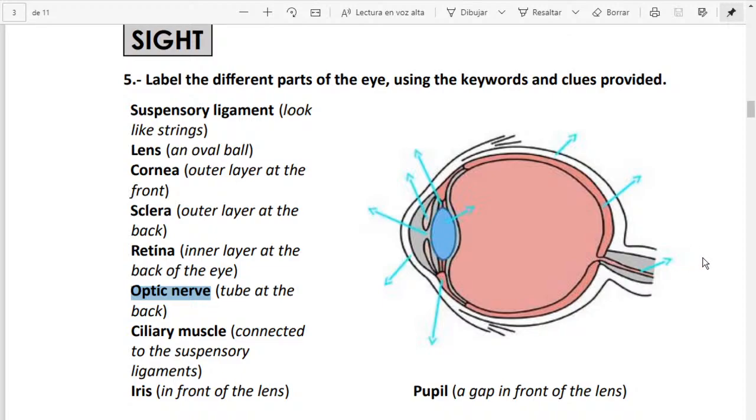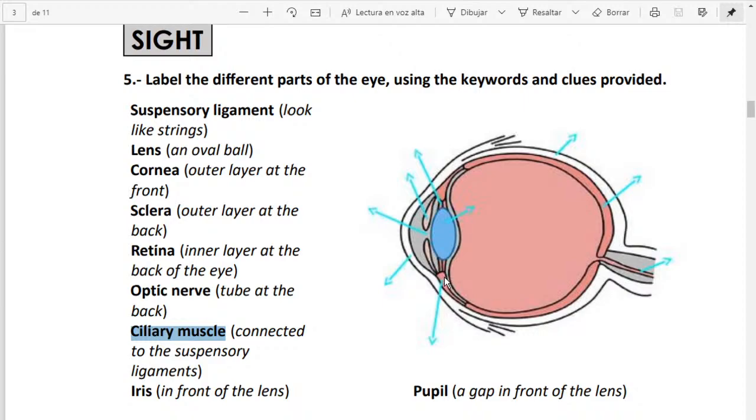Okay, in this part. Remember, finishing, ciliary muscle. Ciliary muscle connects to the suspensory ligaments. So these are the suspensory ligaments, you remember, and this is the ciliary muscle, el músculo ciliar. This is the one that allows us to move our eye.